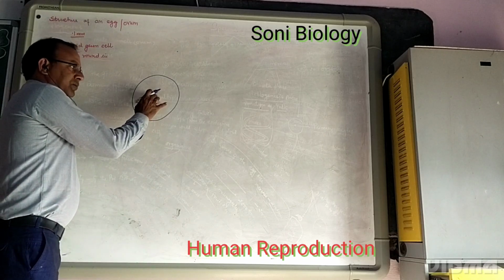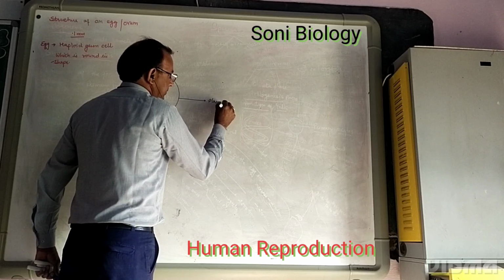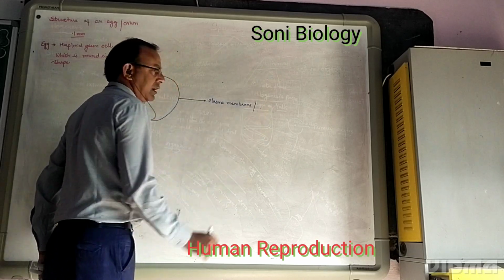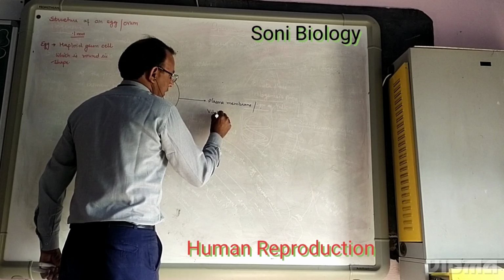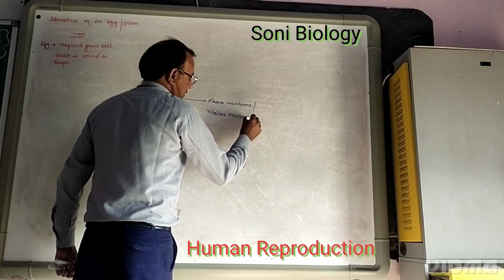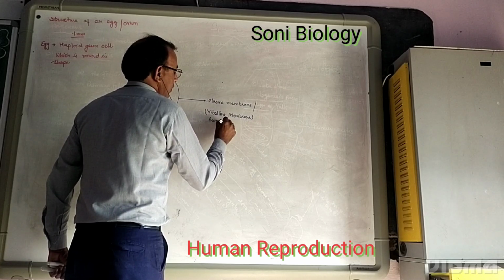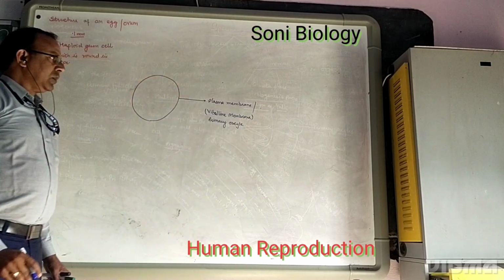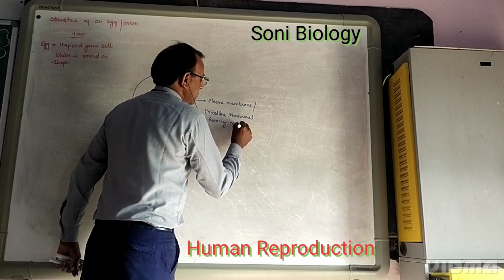This is an egg. The outer membrane is called the plasma membrane. This membrane is also called the vitelline membrane, or primary membrane.